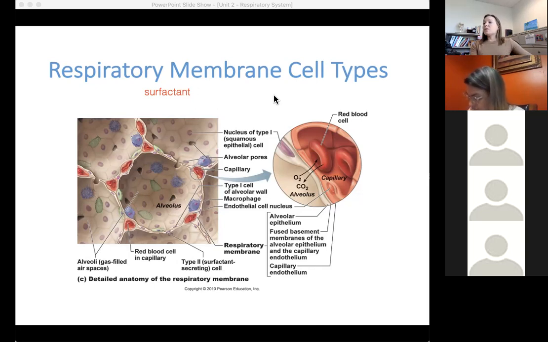Surfactant reduces surface tension so that the alveoli don't collapse.